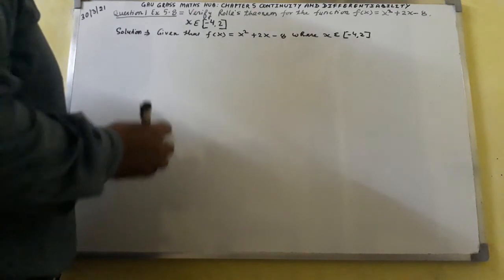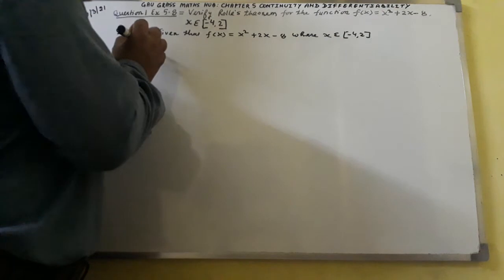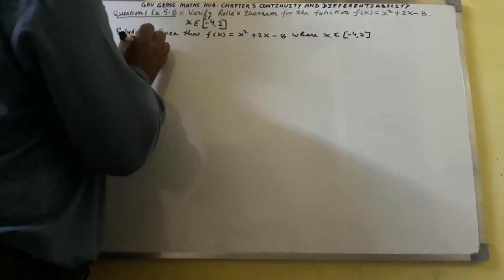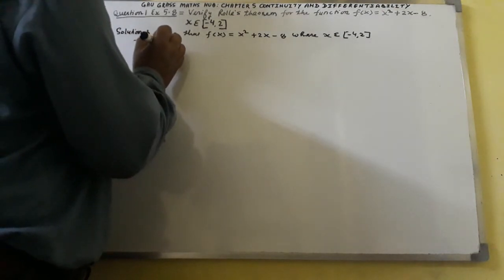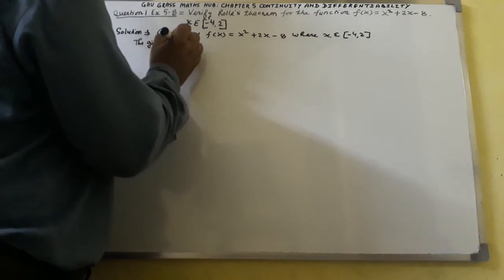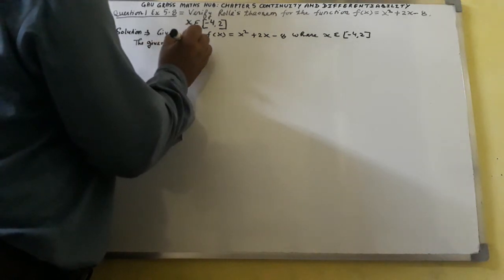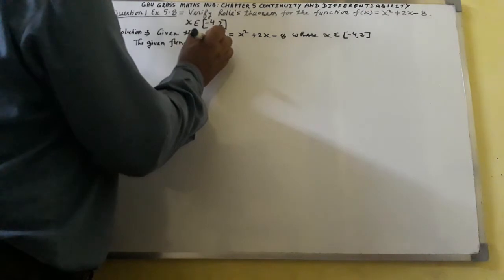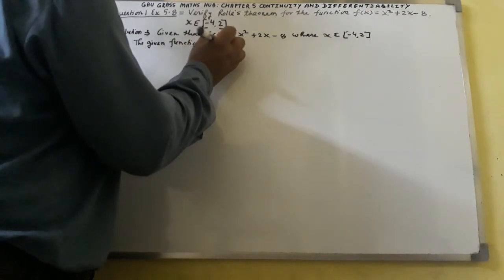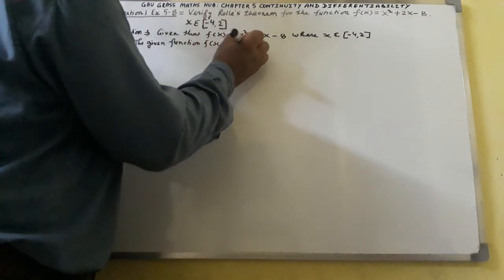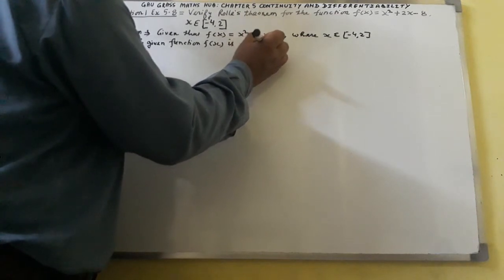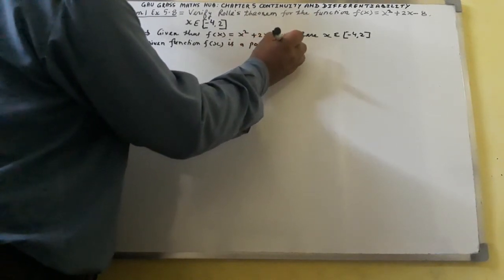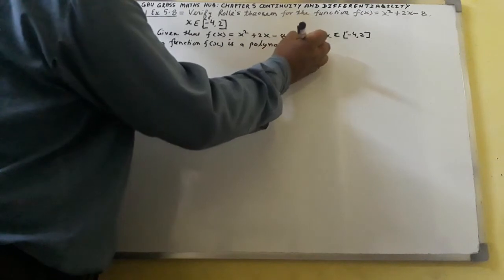Here you can see the given function f of x is a polynomial function.